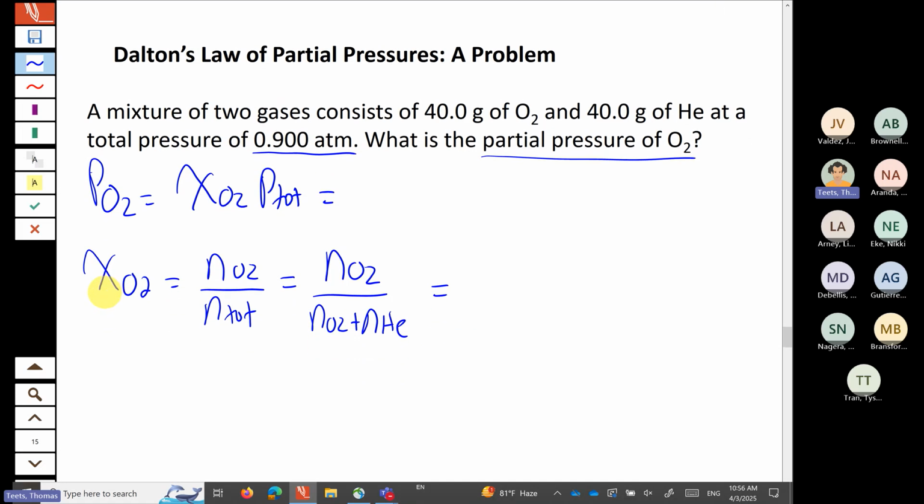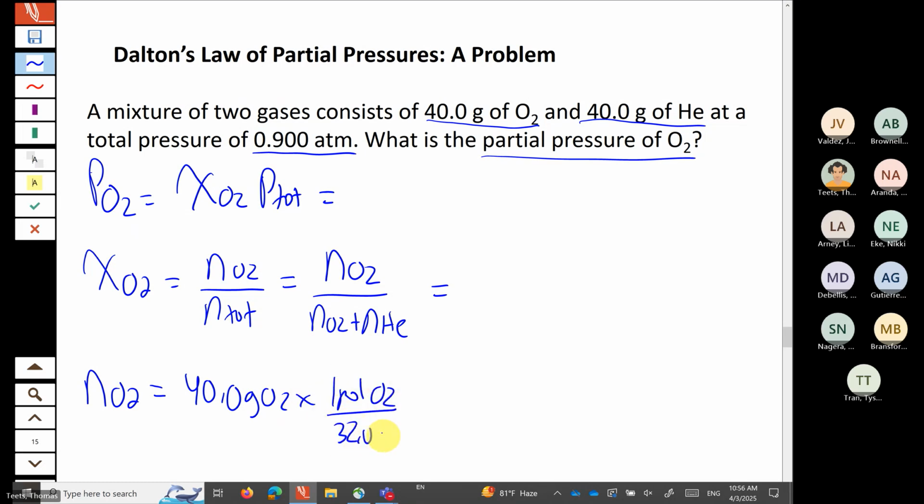So we have to do some math to get the moles because we're given the masses of each gas. And none of these ideal gas equations, except for the density one, really involve mass at all. So we need to find number of moles typically for any of these types of problems. So we're going to find the moles of O2 just by using its molar mass. So we have 1.25 moles of oxygen.